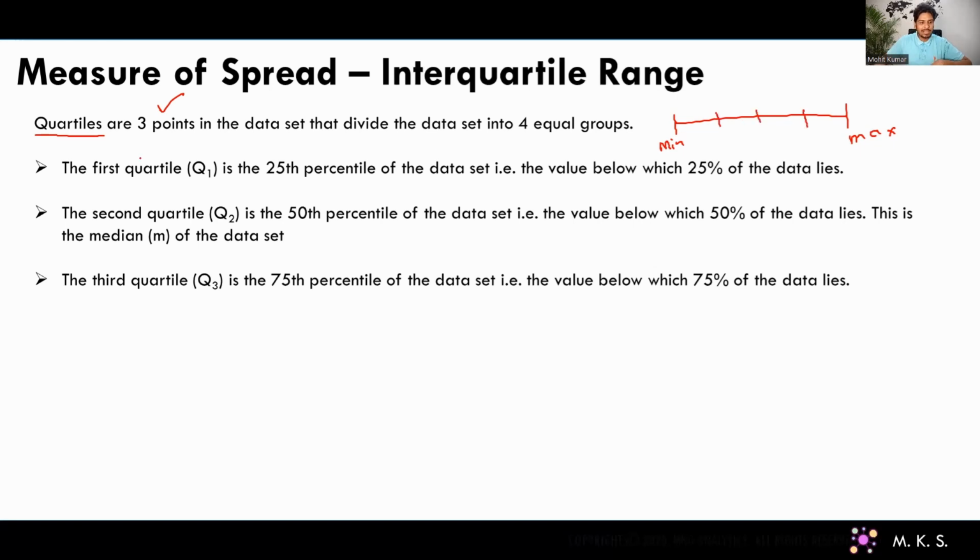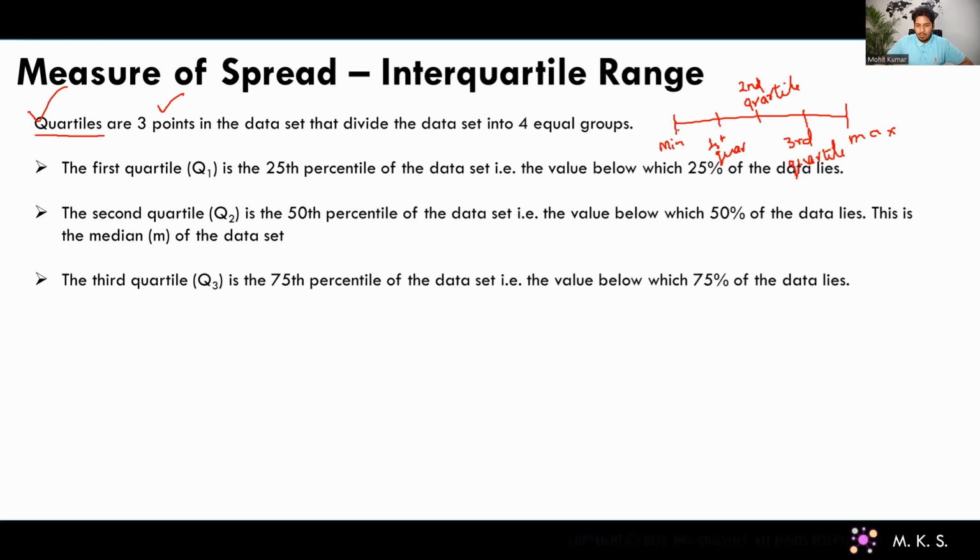Those numbers we call quartiles: first quartile, second quartile, and third quartile. Remember, we are talking about a data set arranged in ascending order. So minimum, then first quartile, second quartile, third quartile, and then maximum value. This is how we can represent any data set.